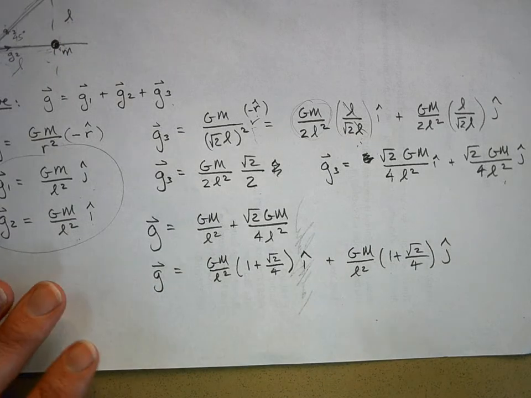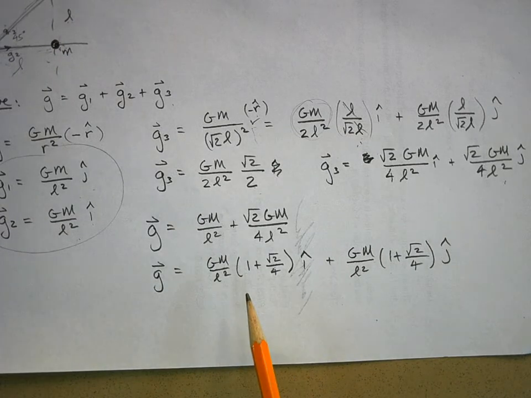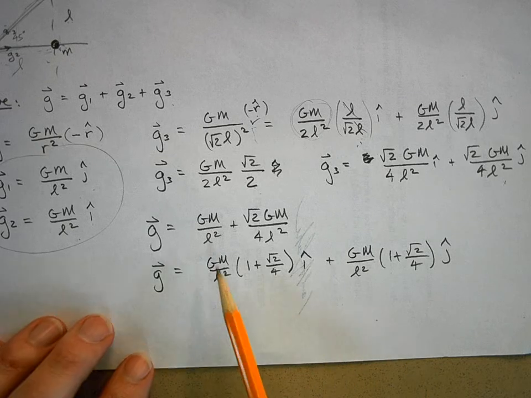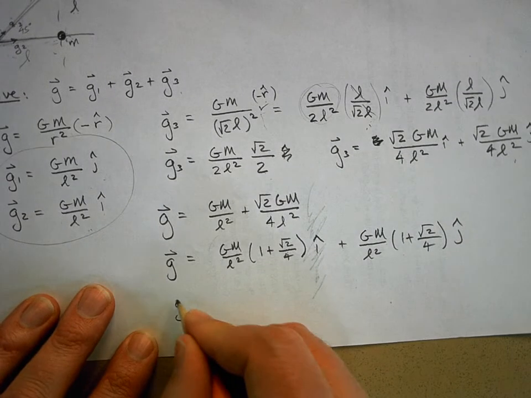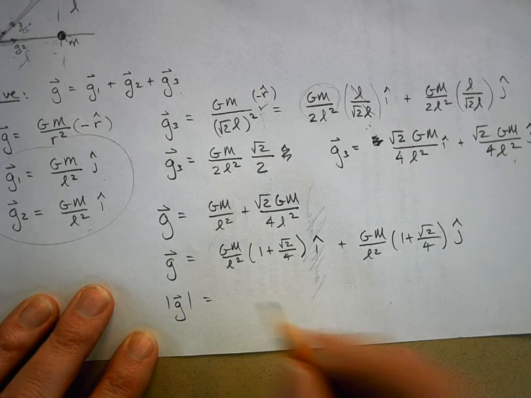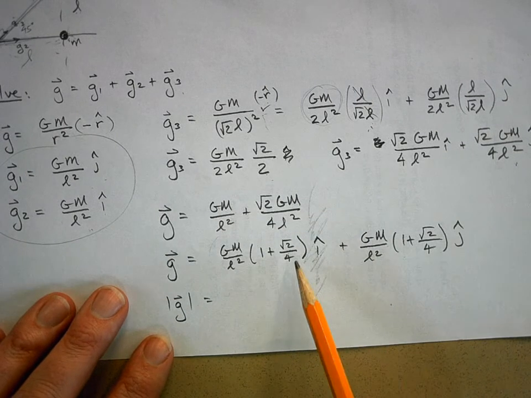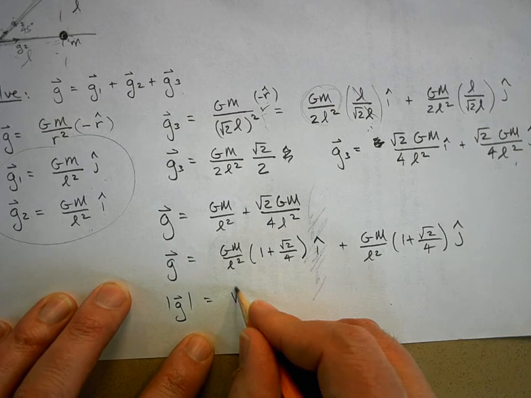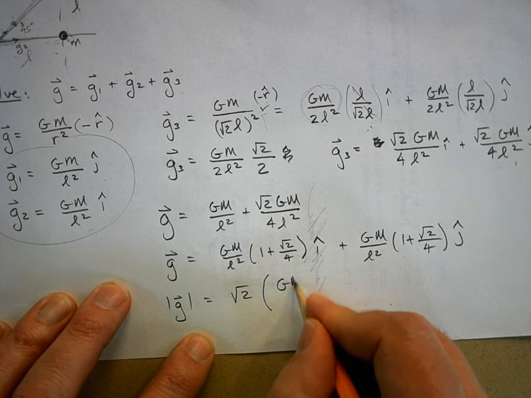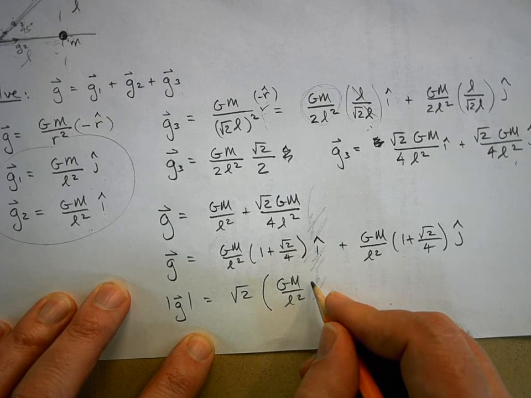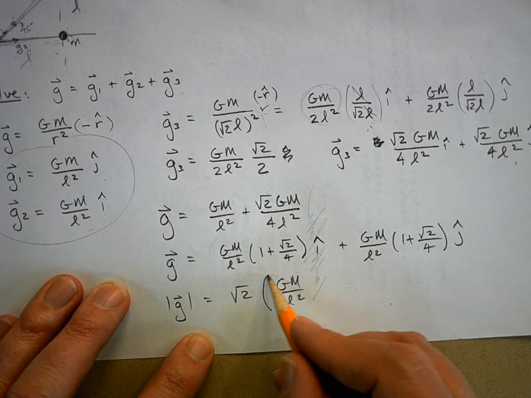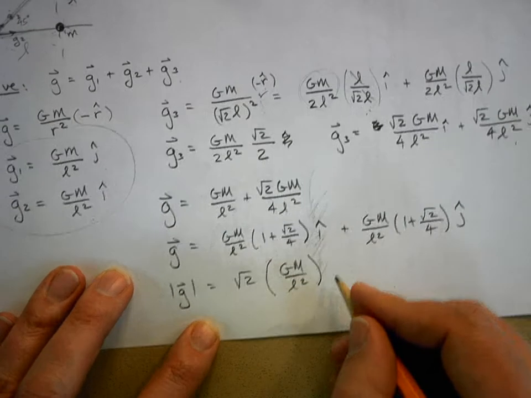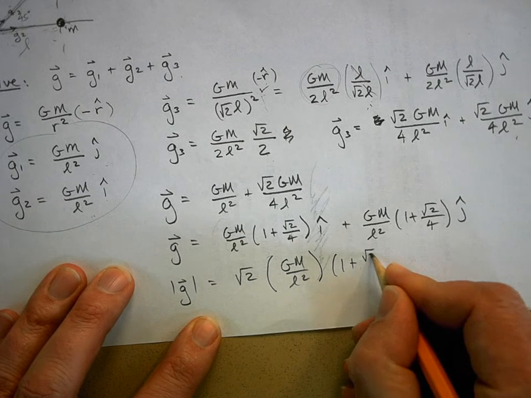So let's go ahead and do that. This squared, so it's basically going to be all of this times the square root of 2. So the magnitude of G is equal to the square root of 2 times this. So root 2 GM over L squared times 1 plus root 2 over 4.